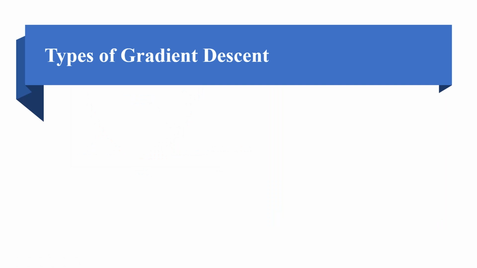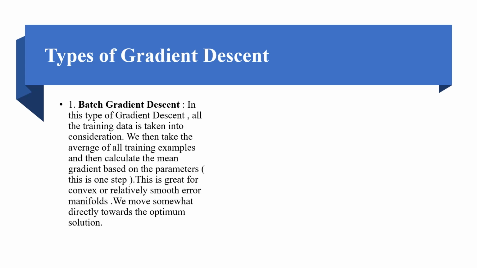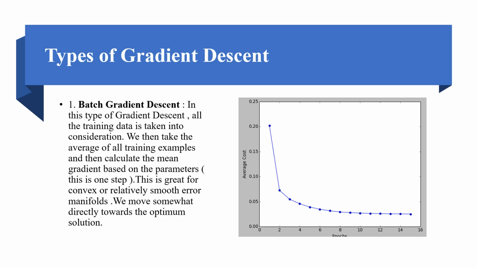All right, so let's see what the different kinds of gradient descent are. First is the batch gradient descent. In this type of gradient descent, all the training data is taken into consideration. We take the average of all the training examples and calculate the mean gradient based on the parameters. This is great for convex or relatively small error manifolds.